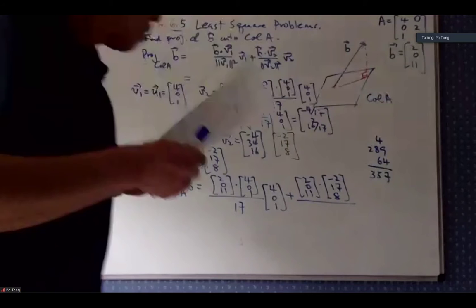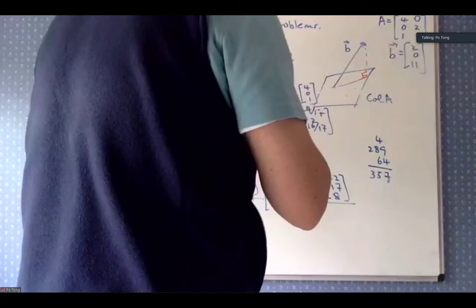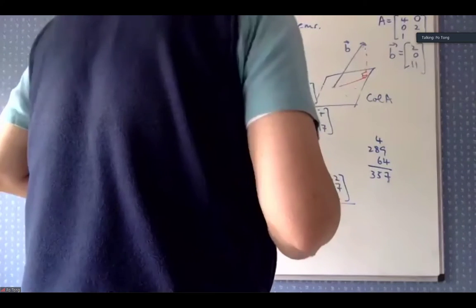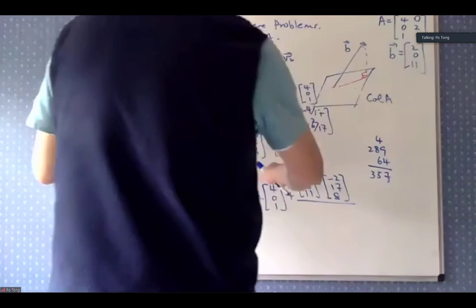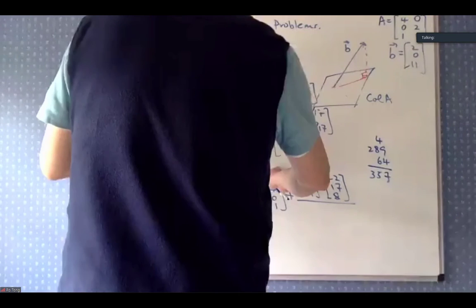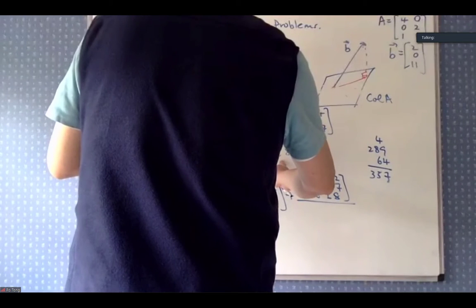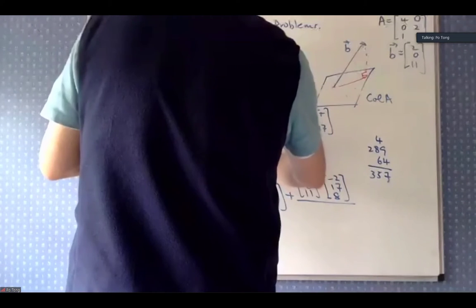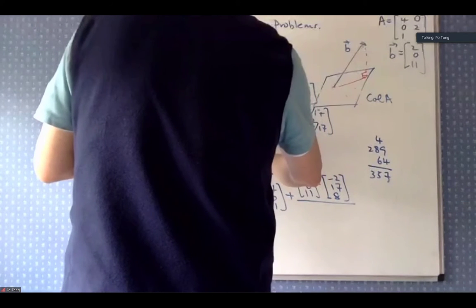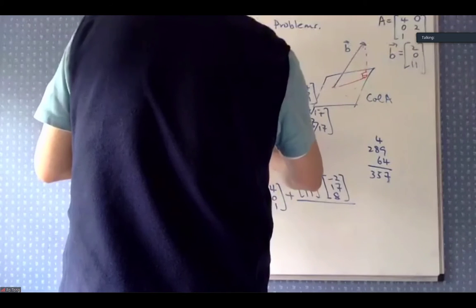I just want to make sure that I have things correct. So what do I end up with? Minus 4, 24, 16, negative 2.